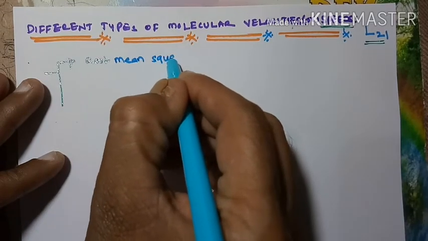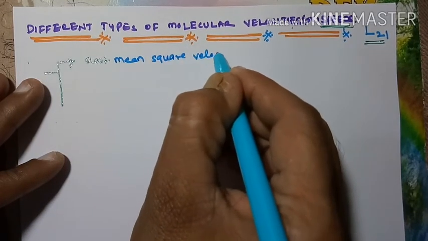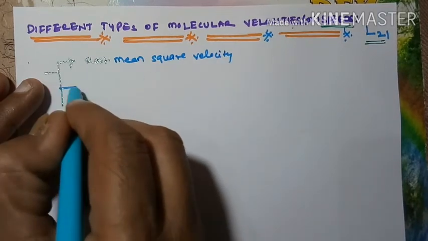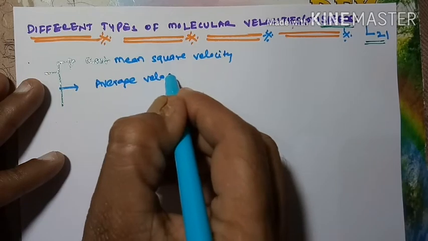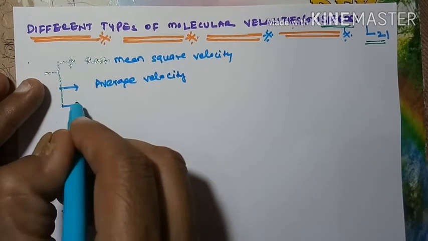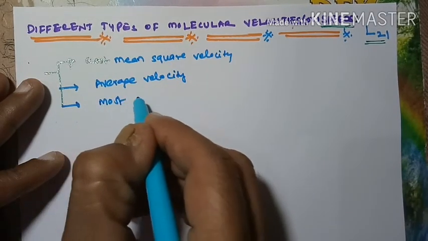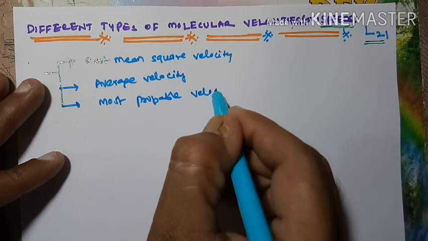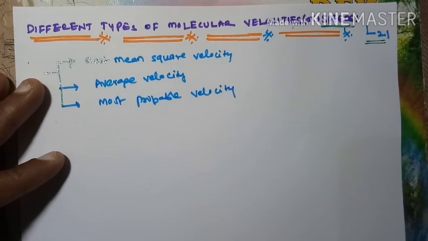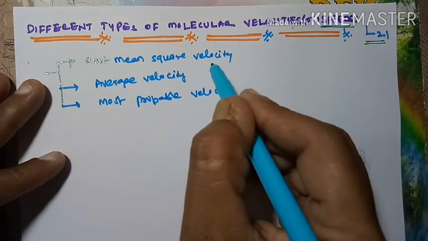And the second one is average velocity. The third one is most probable velocity. So these are the three different types of molecular speeds.